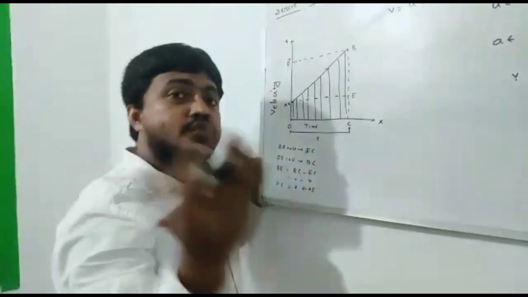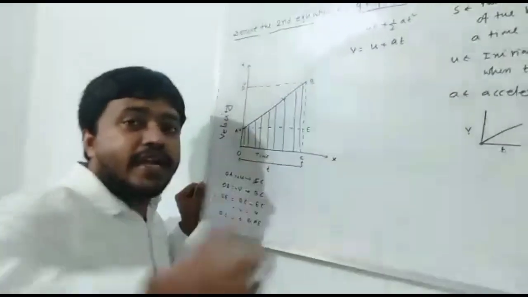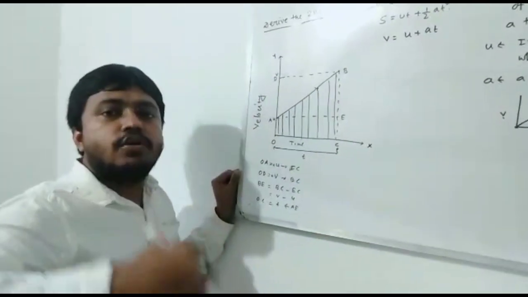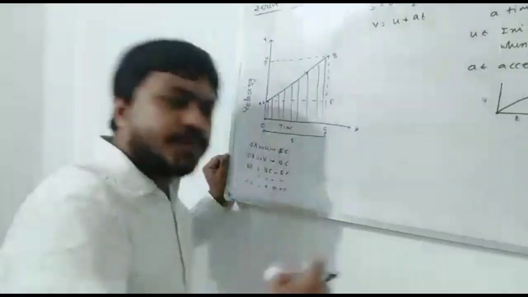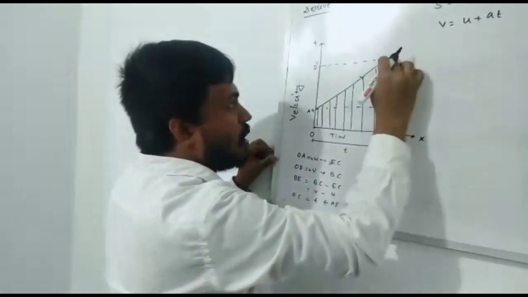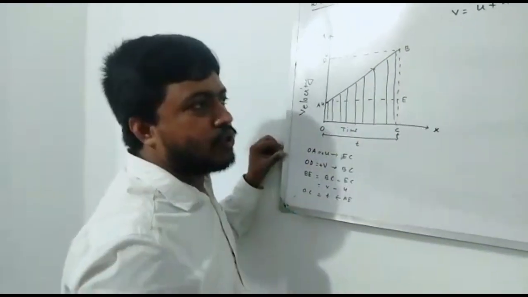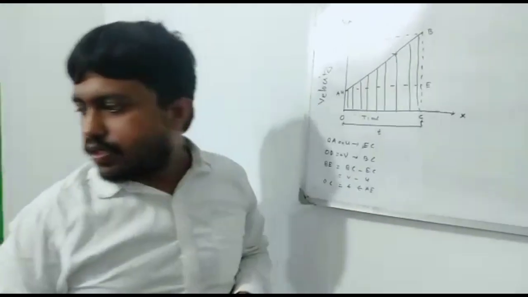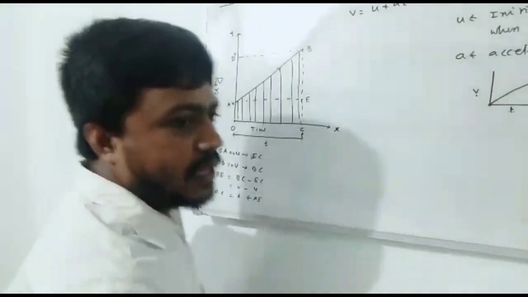You can find the slope. But here today our target is to find the displacement from the velocity time graph. So that's why, students, we find the area enclosed by the graph. When the particle moves from A to point B, the area of the enclosed part will be equivalent to a trapezium.